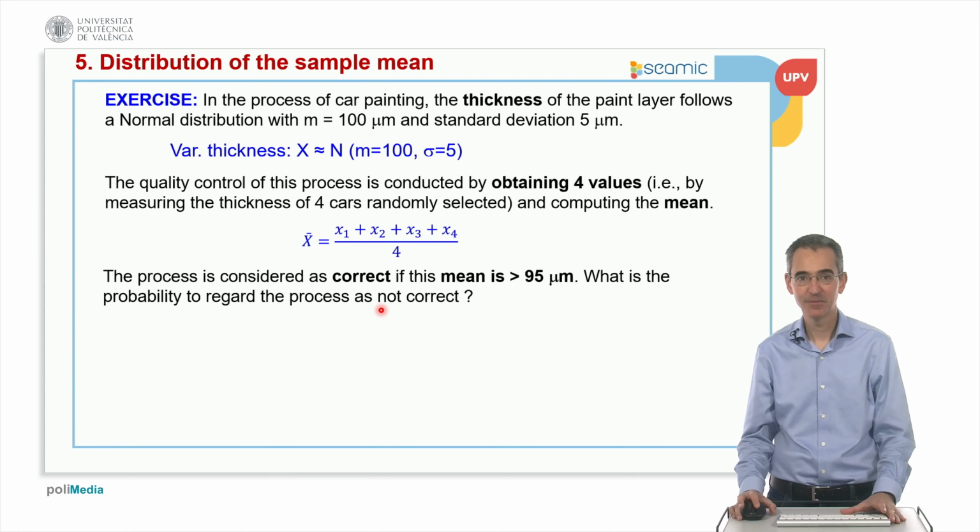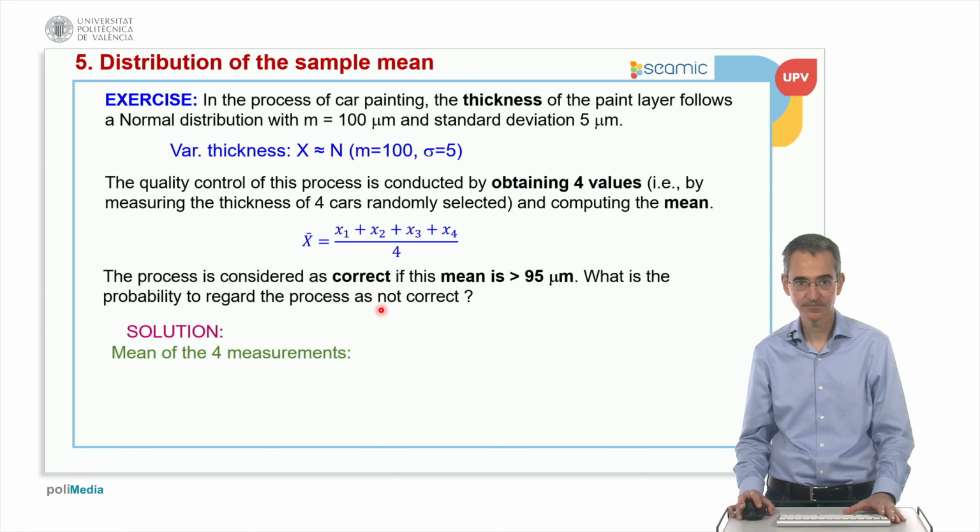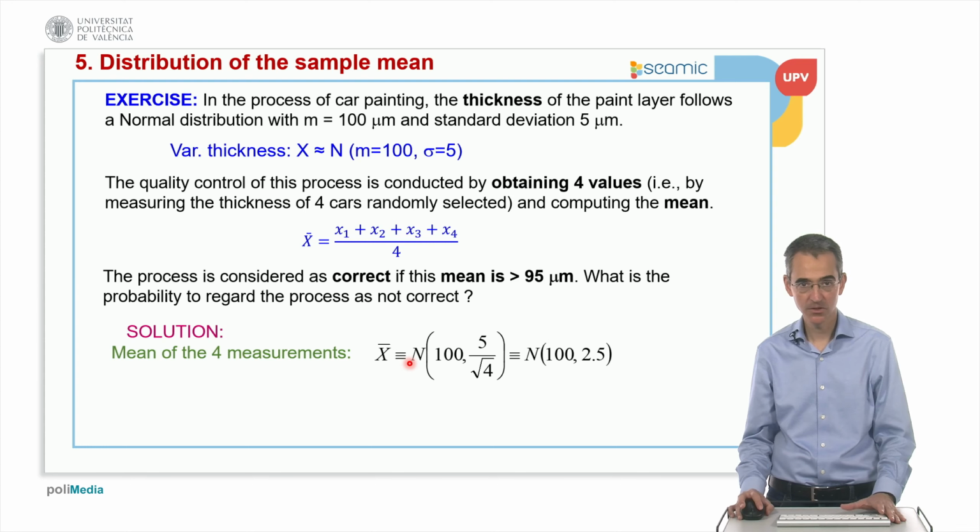So this is the application of the formulas that I have shown you in the previous slides. The sample mean of the 4 measurements will follow a normal distribution because the population is normal. That implies that the sample mean will always be normal. The average will be 100, and the standard deviation is sigma, the standard deviation of the population, divided by the square root of 4, which is the square root of the sample size.